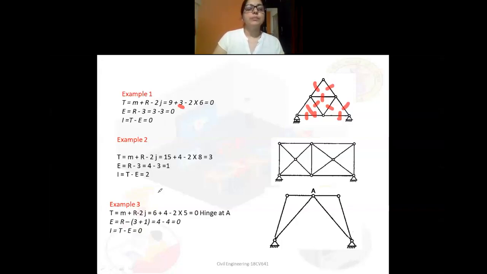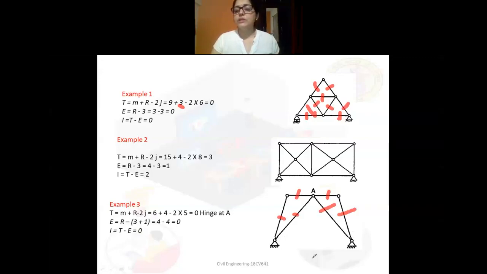Similarly, when we do example 2 and example 3, we are going to get the answer. What we have to consider is that we have a hinge at A. So T is equal to M plus R minus 2J. Members: we have 6 members, 1, 2, 3, 4, 5 and 6. 6 members plus reactions, with hinges on both sides.